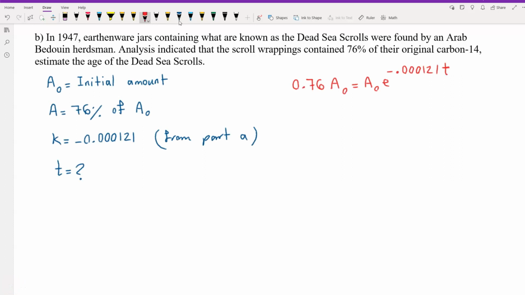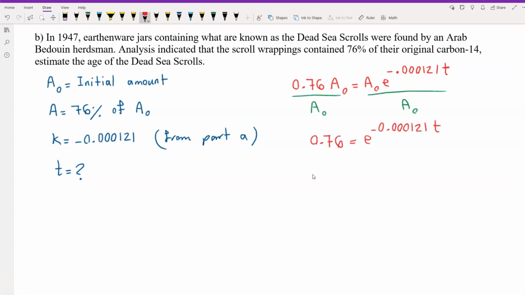So A sub 0 is the initial amount. A is equal to 76% of A sub 0. k from part A is negative 0.000121, and we have to find t. So here we have 76% of A sub 0 equal to A sub 0 times e to the power of negative 0.000121 times t.